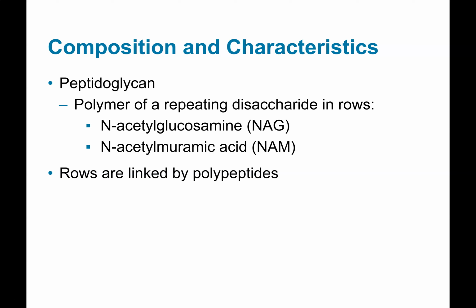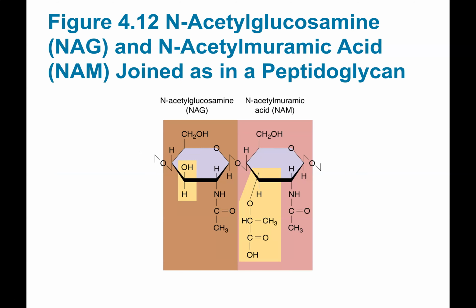And then it's cross-linked with polypeptides, which hopefully you remember what polypeptides are. Peptides are chains of amino acids. And polypeptides make proteins, right? Because that's what proteins are made of, chains of amino acids.